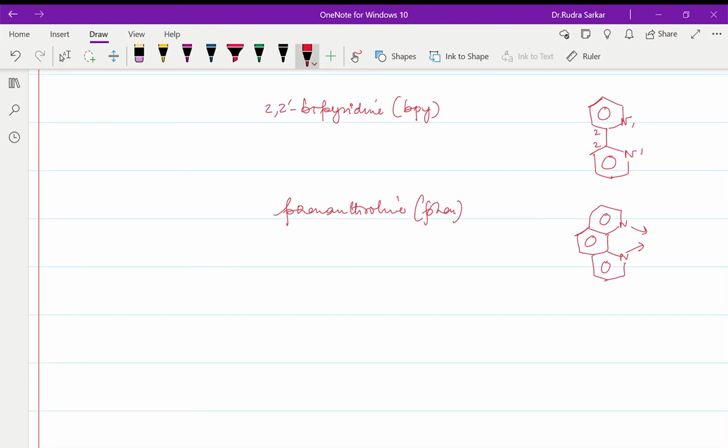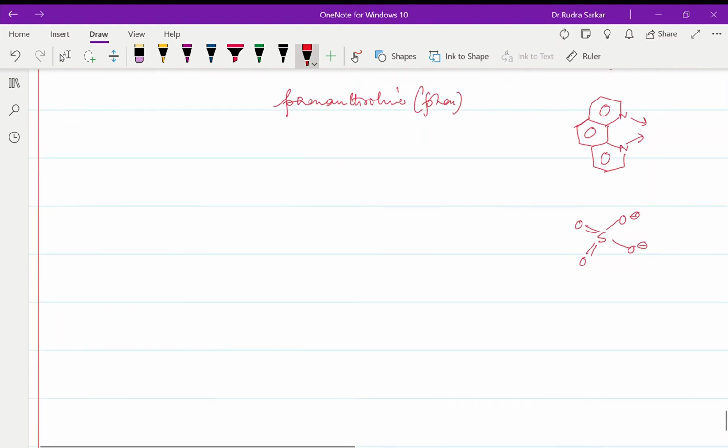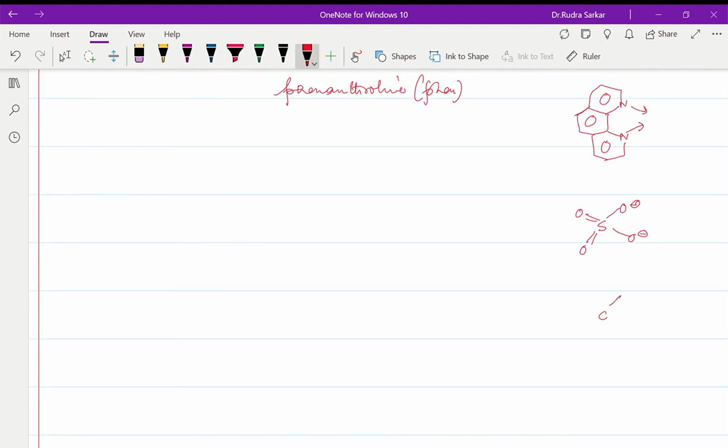You may also have sulfates acting as bidentate ligands. All right. Or you can also have carbonates acting as bidentate ligands, like that.